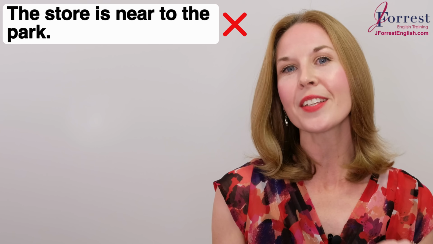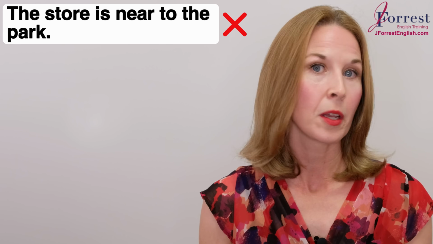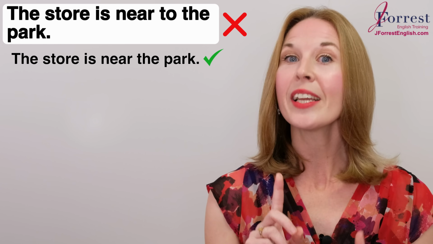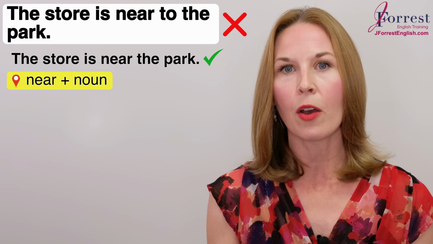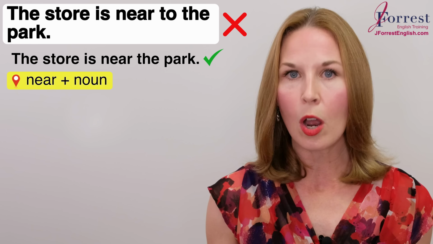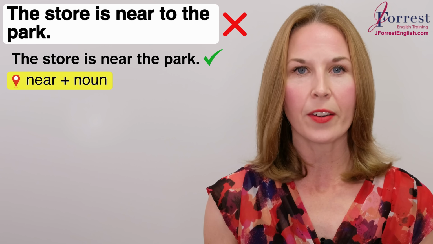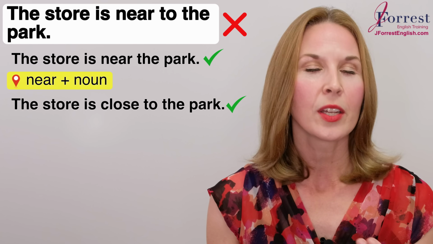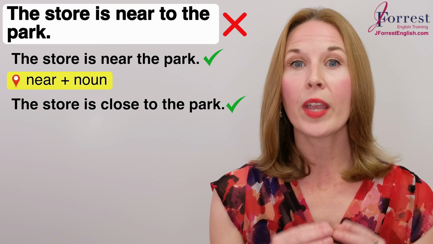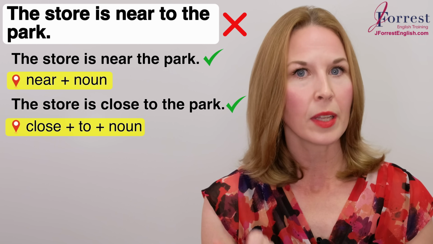Here's another one I hear all the time. The store is near to the park. No, the store is near the park because the sentence structure is near plus noun. The preposition to is not required, but it is required in this sentence. The store is close to the park. So here we have close to plus noun.